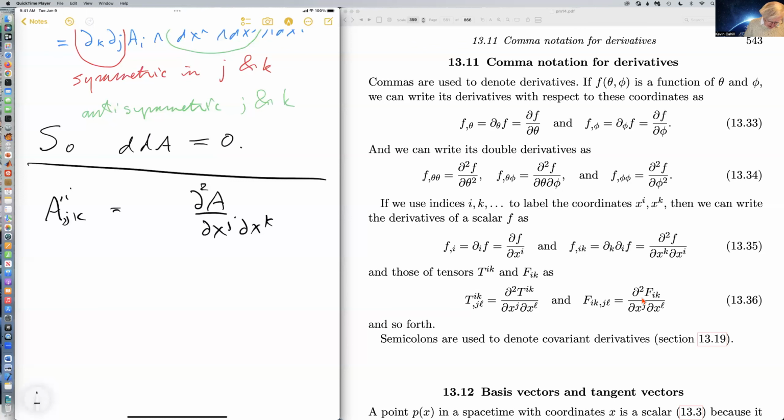But now this partial is partial of A with respect to x prime i. Whoops, I don't want this. Actually, now I've gotten confused as to what notation I'm talking about. Actually, I wrote that a little bit incorrectly, so let me fix this.